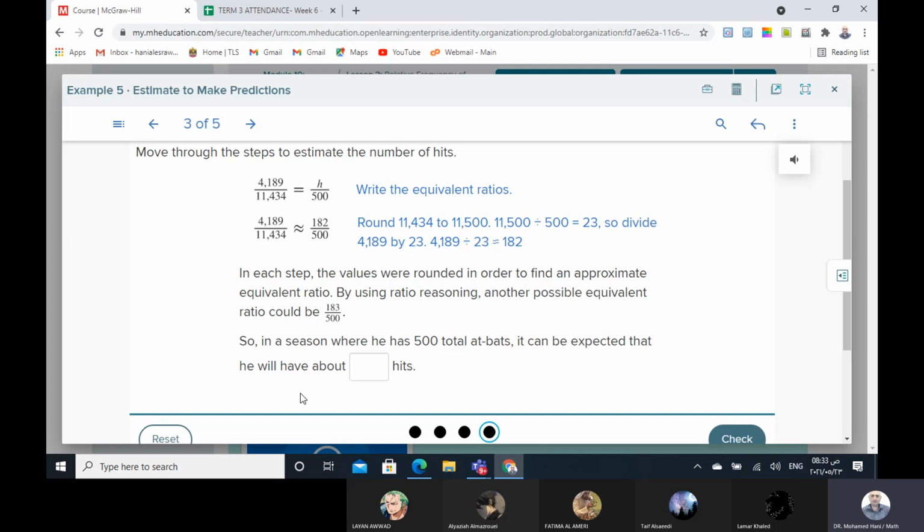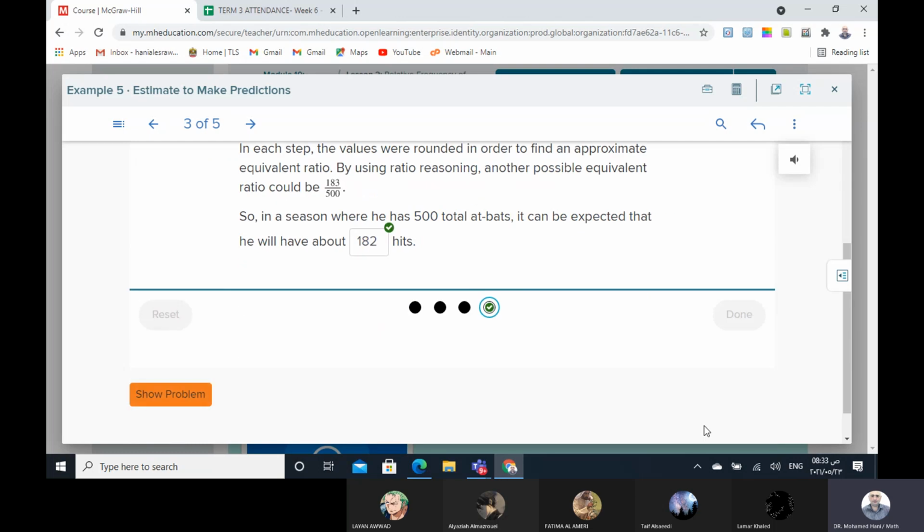So, in a season where he has 500 total at-bats, it can be expected that he will have about, who can tell me what is the value here? 183. About 183, exactly 183. Great.